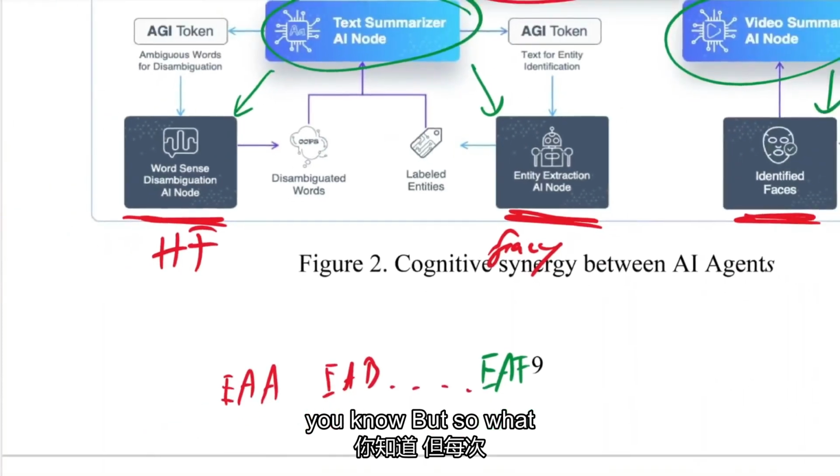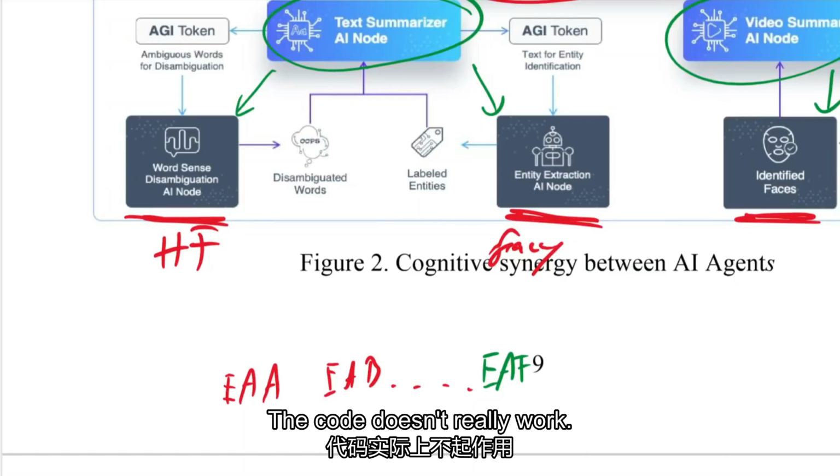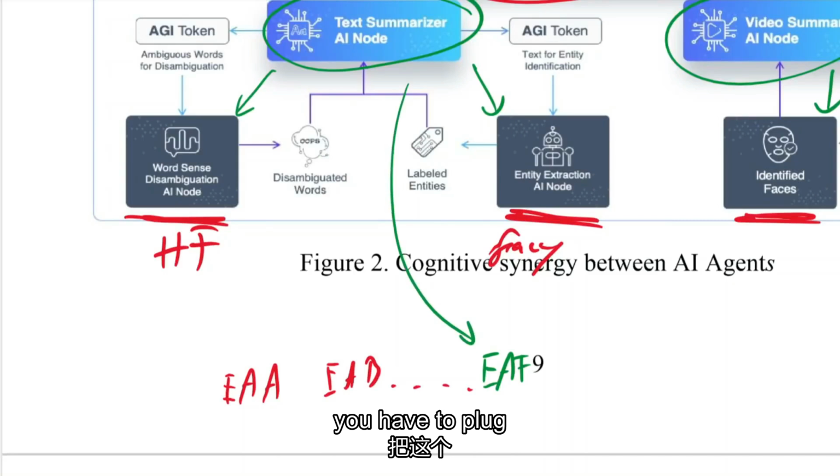Every time a new entity extractor is released, someone makes a paper, maybe puts out some code, and the code doesn't really work. You have to go fetch that code, plug it into your system, test it against your data sets, and decide: is this better than what I had before, or is it worse? Is it worth including, and so on?